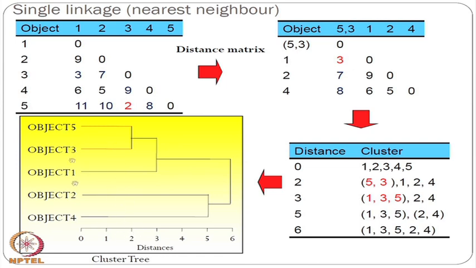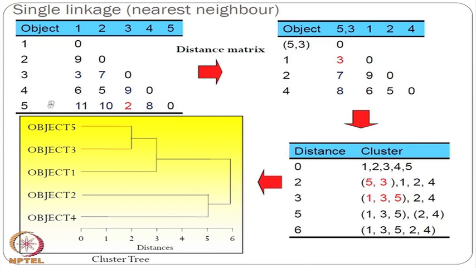in this process you are gaining one way, that is your number of clusters is reduced from 5 to 4, and at the distance of 3 your number of clusters is reduced to 3, but your sacrificed distance is 3, and at the distance of 4 nothing is possible, but at the distance of 5 you are making 2 clusters, at the distance of 6 you are making 1 cluster.